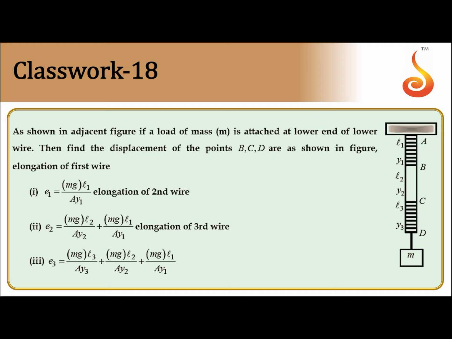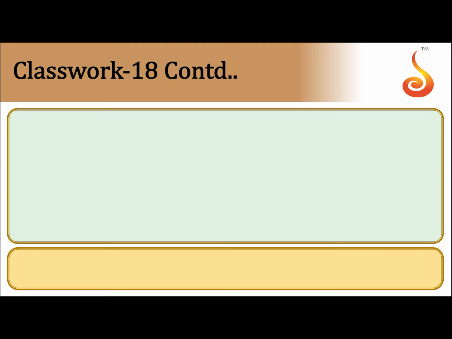So we have seen a problem of this kind. How to do this? Suppose I consider this wire. This segment is A, B, C and of course D, and a weight is suspended here.